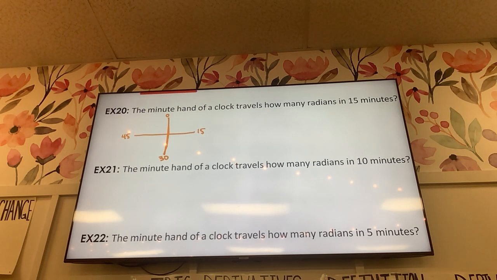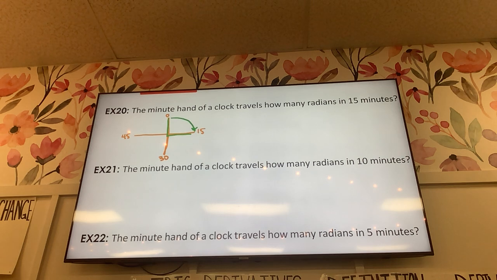But we do need to figure out how much we are traveling in 15 minutes. So 15 minutes is going to make a 90-degree angle on your clock, right? You go 0, and then in 15 minutes you would hit this horizontal line. 30 minutes would be halfway, 45, and then 60, because the whole clock has 60 minutes in it since it's an hour. Does that make sense? Okay.